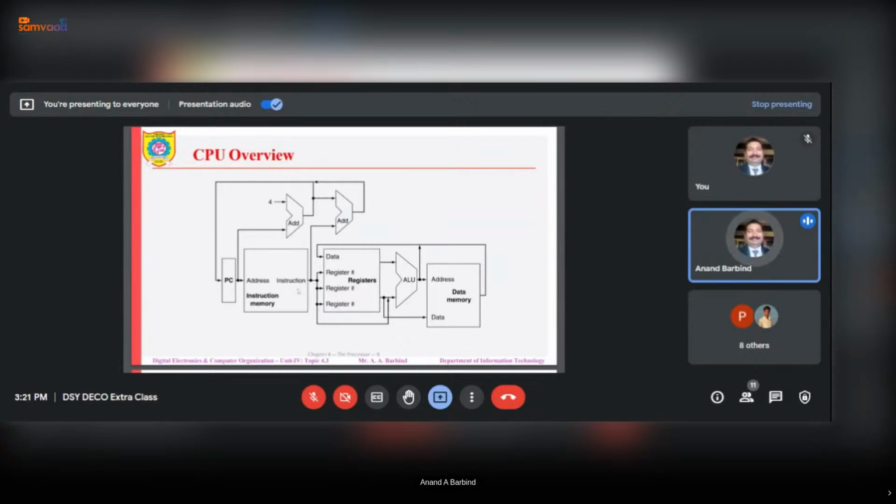The output of the instruction memory will be that particular instruction. The instruction will be decoded. The decoding unit, the control unit, is not shown in this diagram so that the diagram can become simple. Based on the decoding, the appropriate registers are selected.